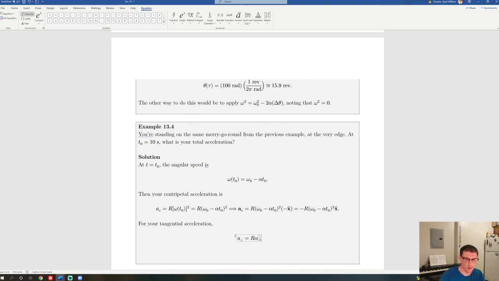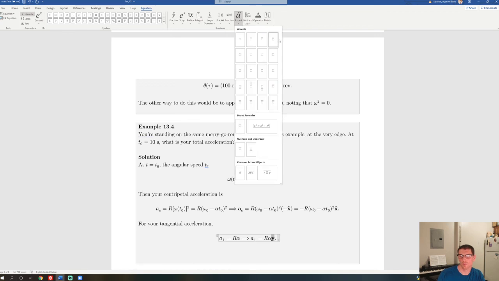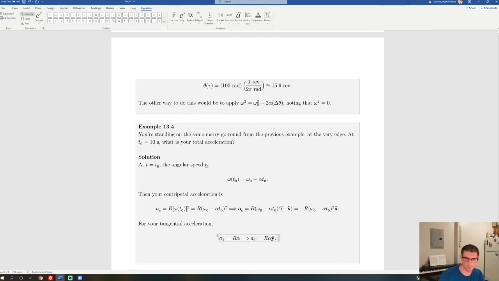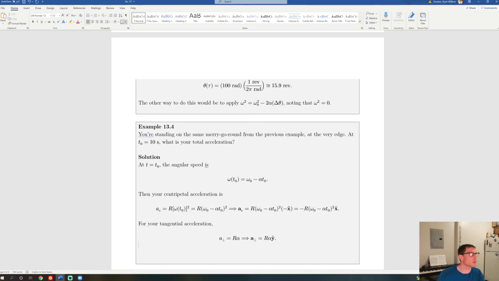And we don't really even need to appeal to the math to see what this looks like. So I'm going to come back to the picture here in a second, but I'm going to write that this vector could then be expressed as r alpha y hat, like that. And this is a vector. Okay, cool.